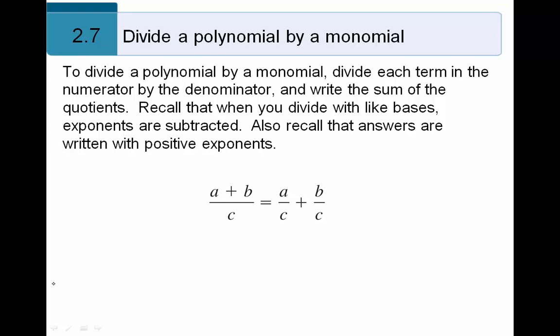Recall that when you divide with like bases, exponents are subtracted. Also recall that answers are always written with positive exponents. So if we had a plus b divided by c, this would be equal to a divided by c plus b divided by c. Let's practice some examples.